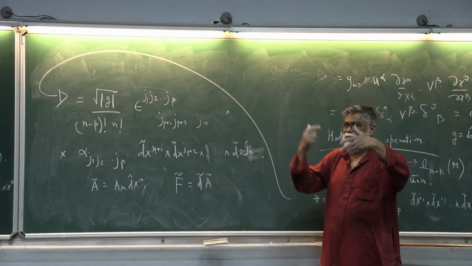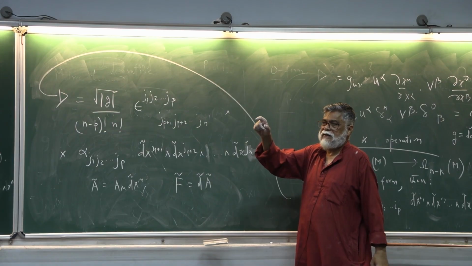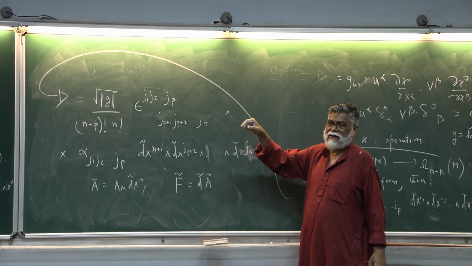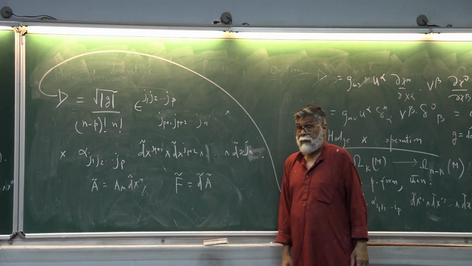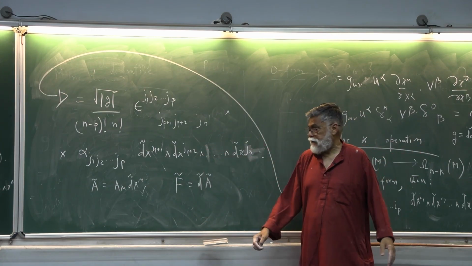The standard way of writing it in four-vector notation is F mu nu equals del mu A nu minus del nu A mu. And you get back your standard Maxwell equation.